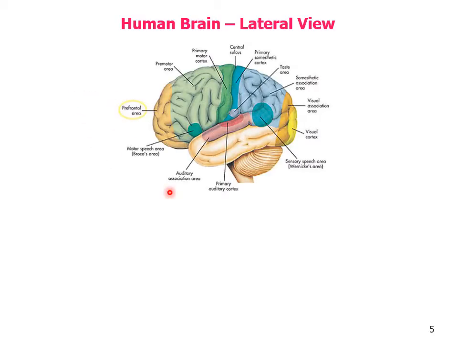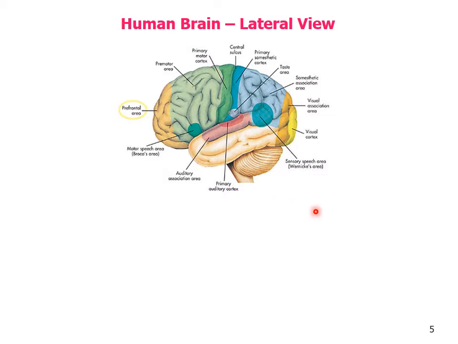Now let us visualize the lateral view of the human brain. It has various areas. A few are meant for some kind of sensory tasks, whereas others are used for controlling tasks.